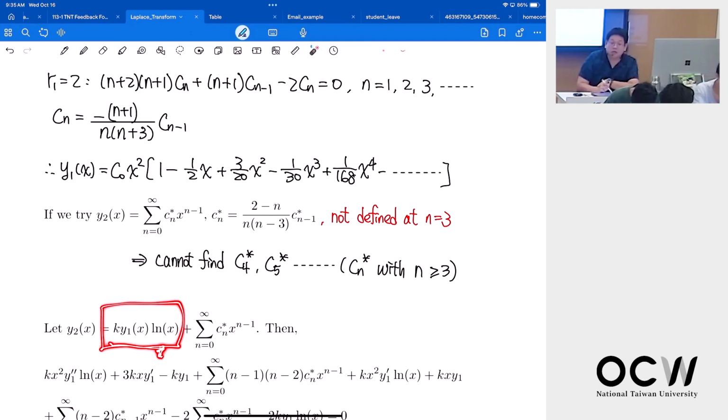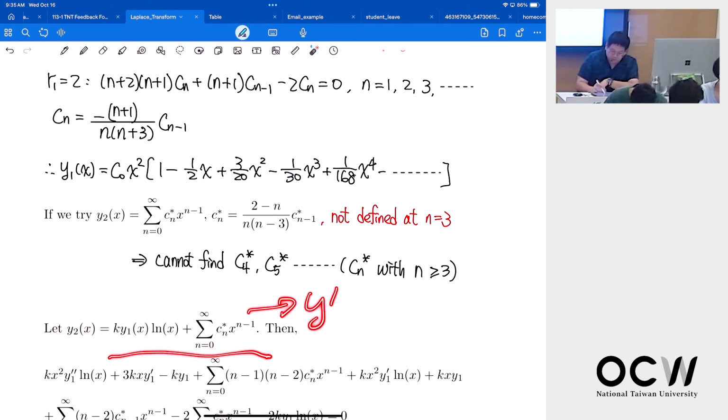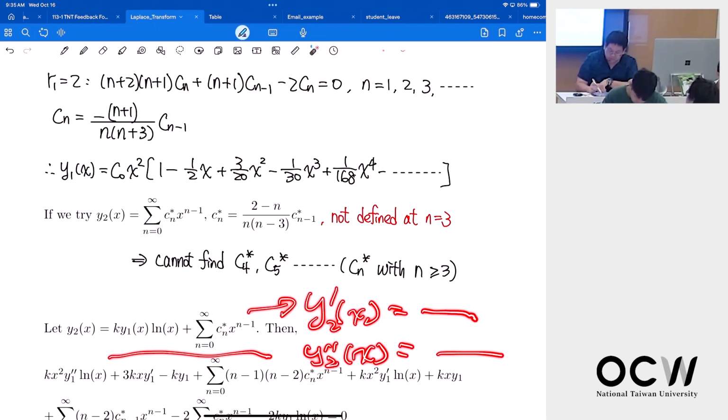If I add this one more term, this is my solution for y2. Since it is y2, you should know what y2 prime is, and also y2 double prime. And then you bring it back to the original differential equation.